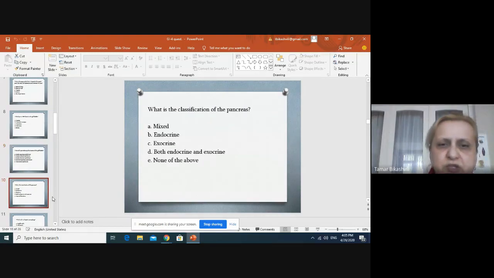The next question. What is the classification of the pancreas? The pancreas is mixed, endocrine, exocrine, both endocrine and exocrine, or none of the above. If you remember the pancreas, yes?